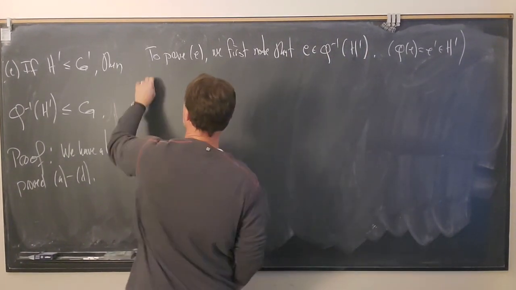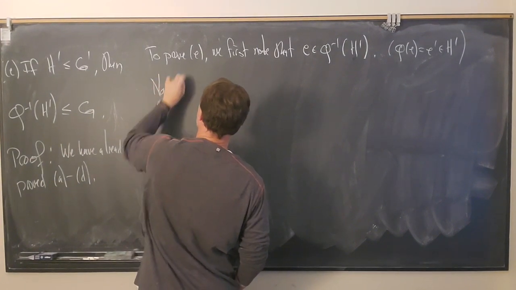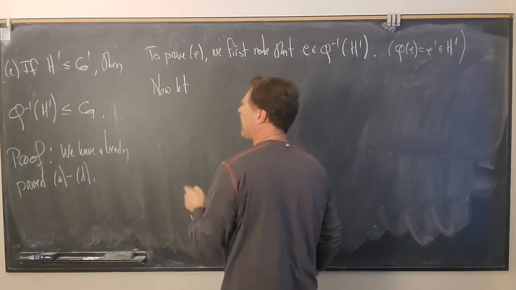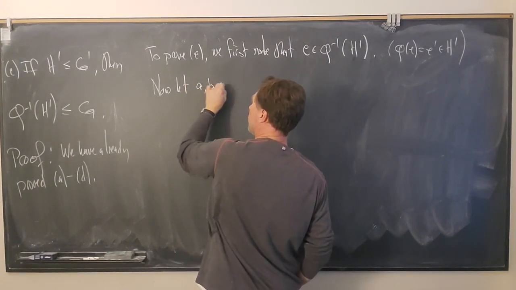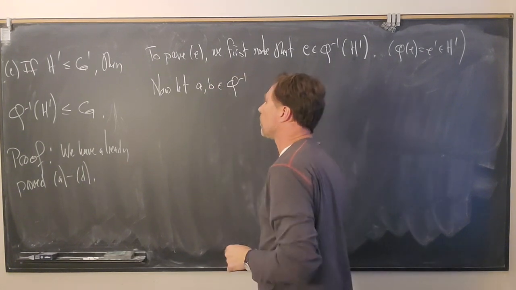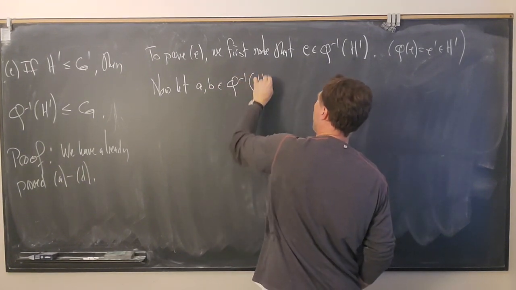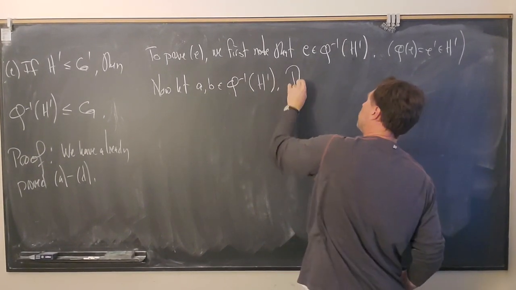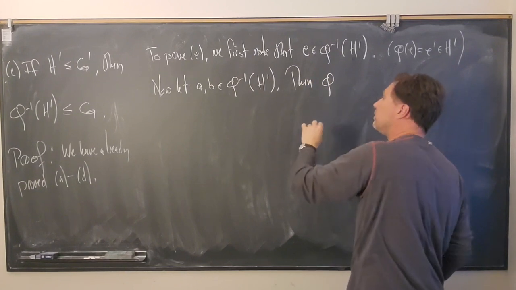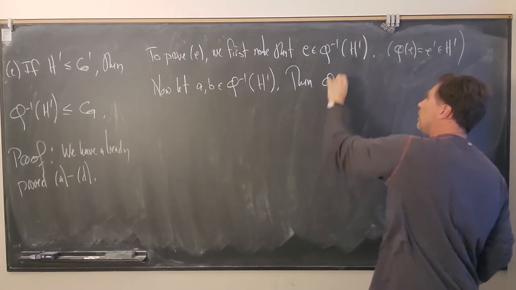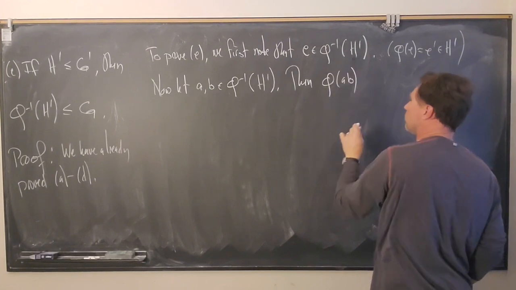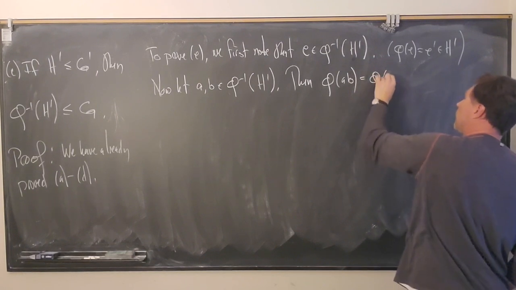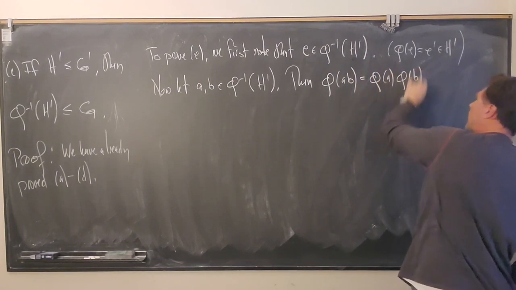So now let's say a and b are elements of the inverse image of H prime. Then phi of ab, which equals phi of a times phi of b.